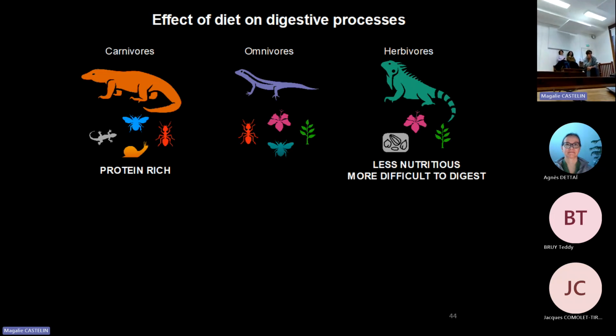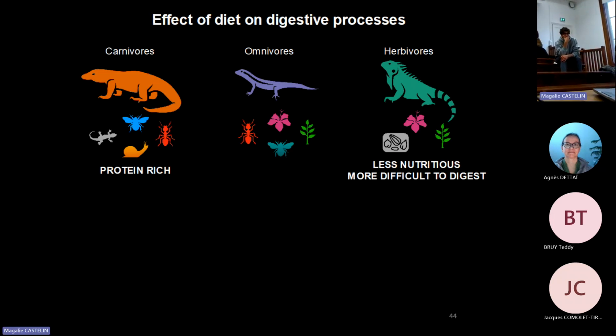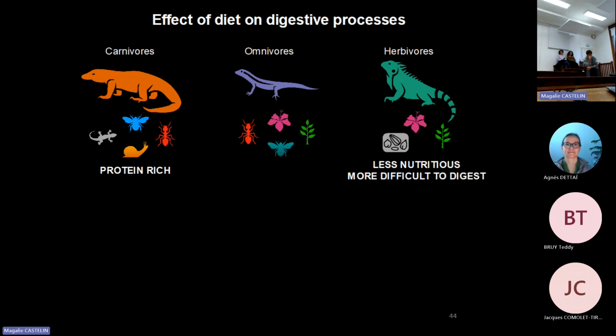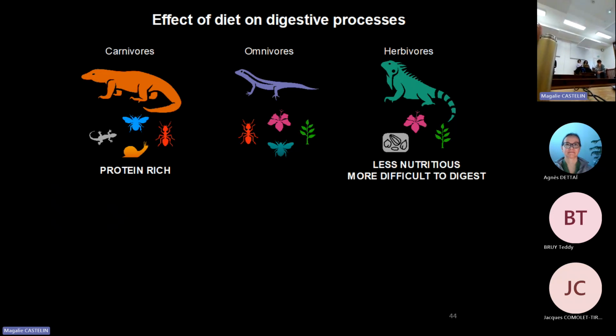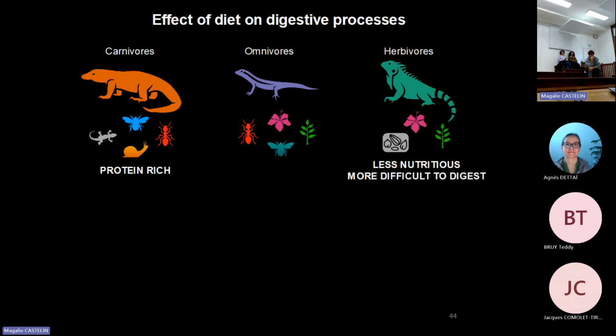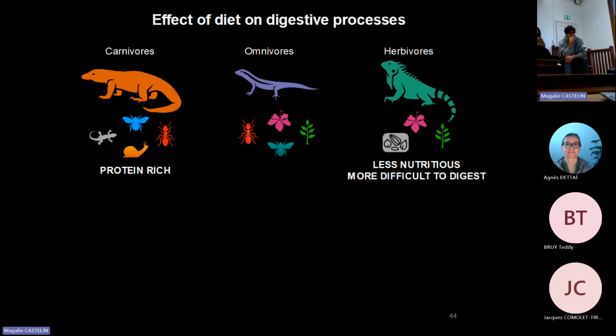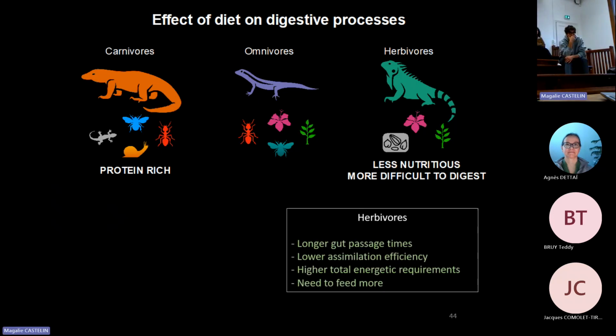So what is food, right? We can break dietary processes into these three groups, right? Carnivores that eat protein-rich food, herbivores that eat less nutritious, more difficult to digest plant food, right? And omnivores have the luxury of both. Now, to be a herbivore means you actually have a lot of challenges that carnivores don't have.